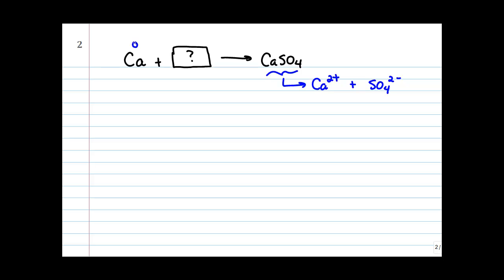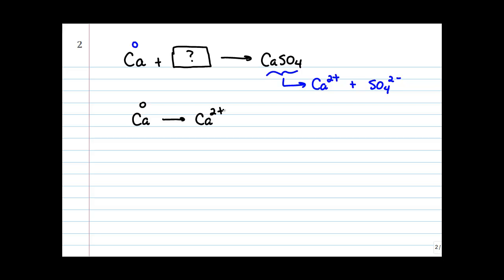Every time we do one of these analyses of these types of reactions, we do a half reaction. Let's just consider calcium in our simplified example here. It looks like we have calcium 0 going to calcium 2+.